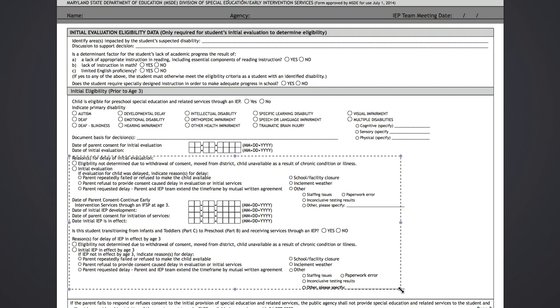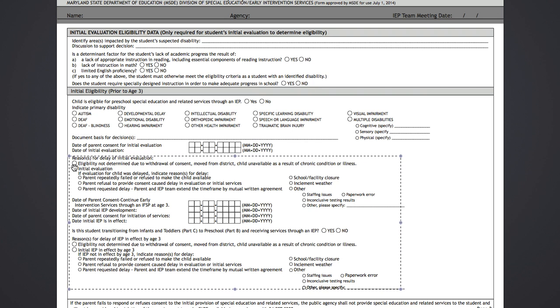IDEA is very clear about the student-centered aspects of service. And so we want to make sure that we're following those timelines so that we give our students with suspected disabilities every benefit of the doubt to receive those services if in fact they become eligible. So don't mistake documenting a reason for delay as being permissible to go beyond the timeline.